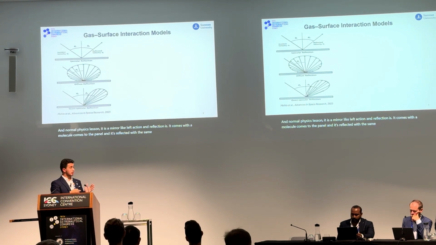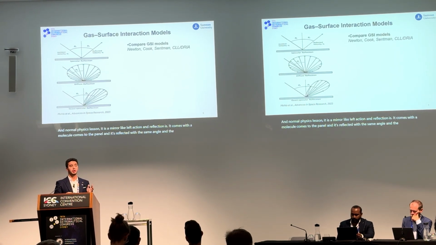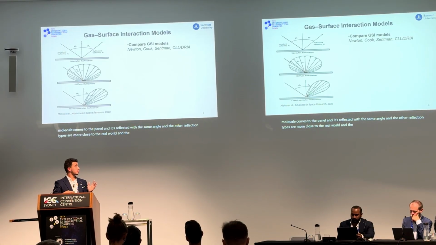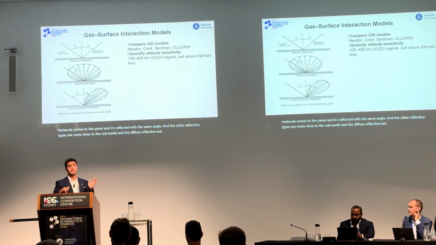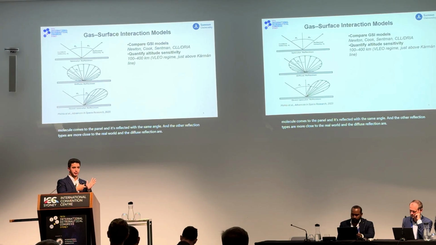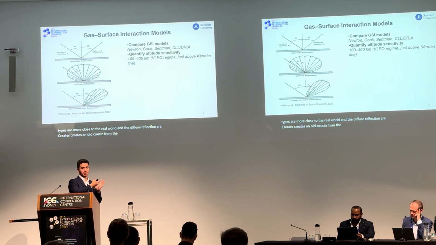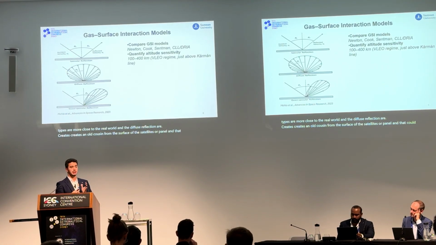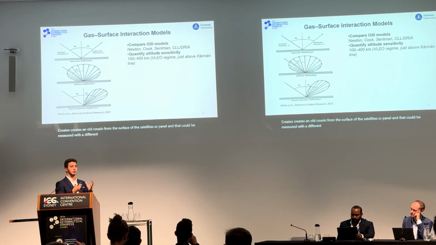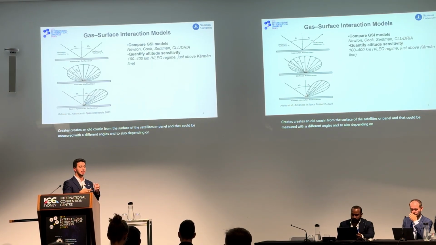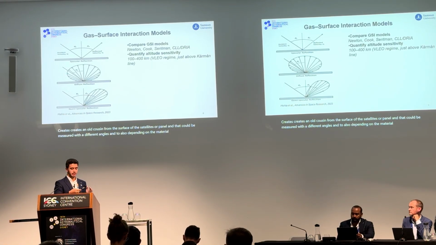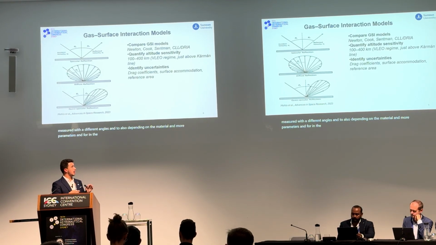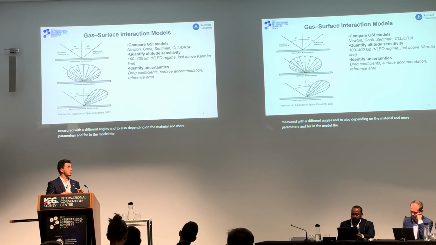The other reflection types are closer to the real world. Diffuse reflection creates an outgassing from the surface of the satellite or panel, which could be measured at different angles and also depends on the material and more parameters in the model.